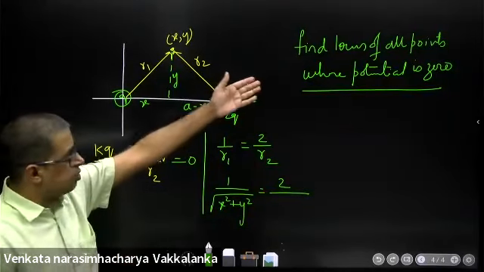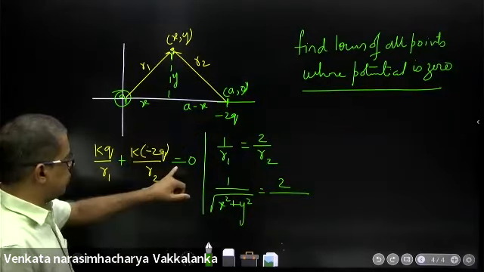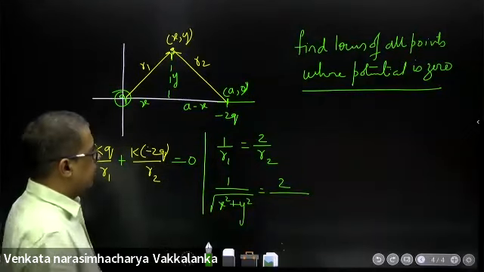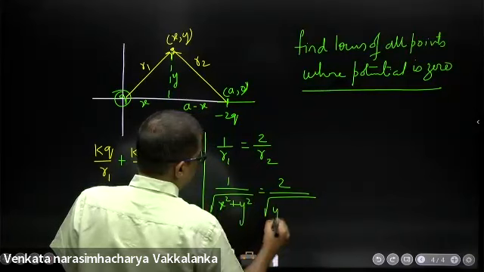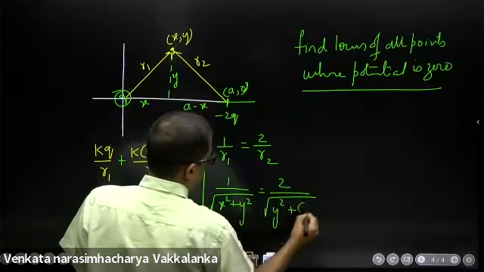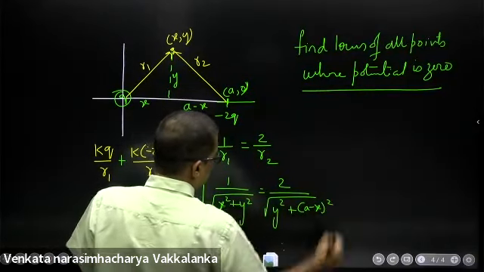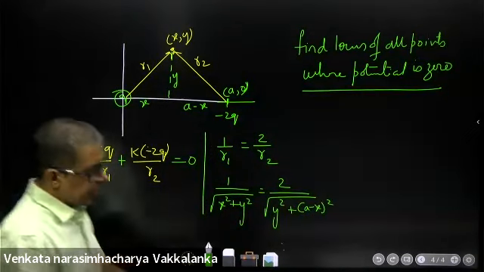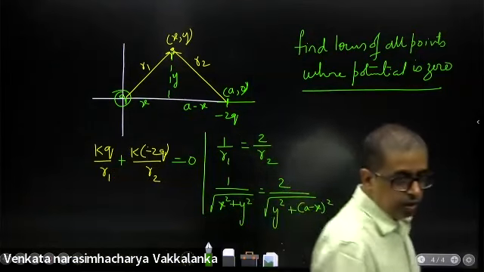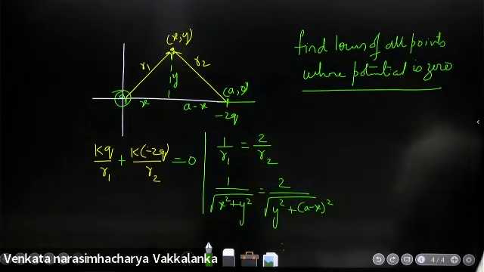By the way, your condition is to find the point where potential is zero. R2 will be root over of y square plus a minus x whole square. Agreed? Cross multiply, simplify, see what answer you are getting. You should be getting the equation of a circle.